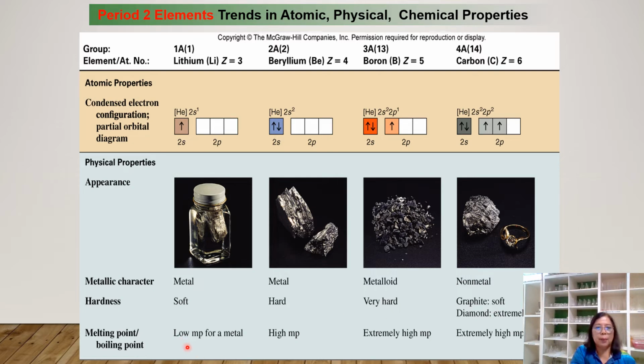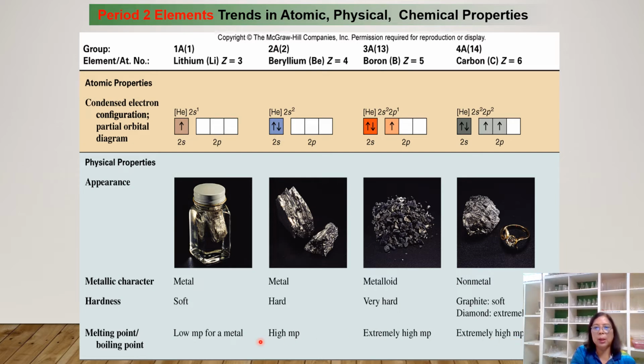Okay, lithium has a low melting point, beryllium has a high melting point, and then boron has an extremely high melting point, whereas for carbon, extremely high melting point.